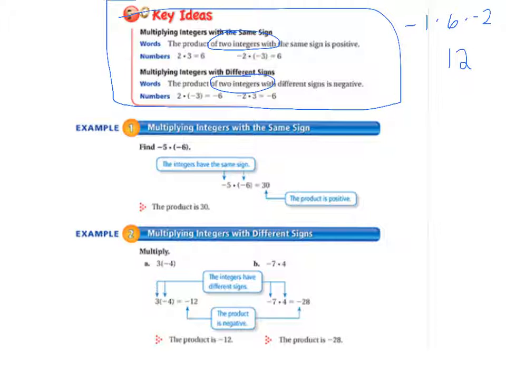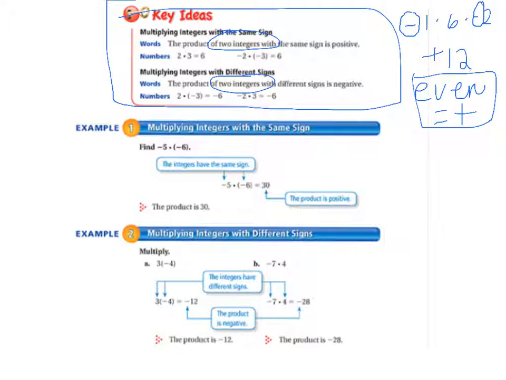And then what you do is you count the number of negative signs, and if it is an even number, then your answer is positive. So an even number is positive. If it's an odd number, it's going to be negative.